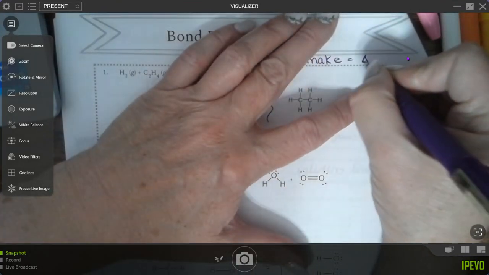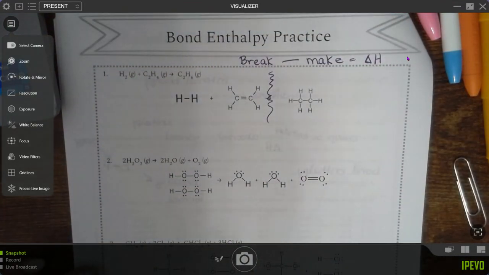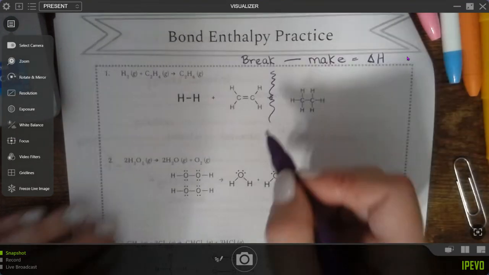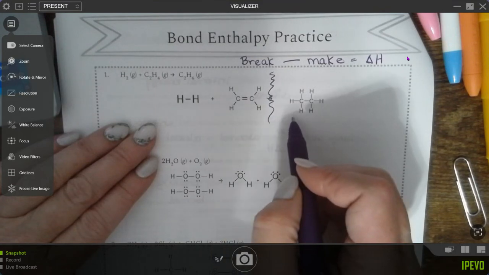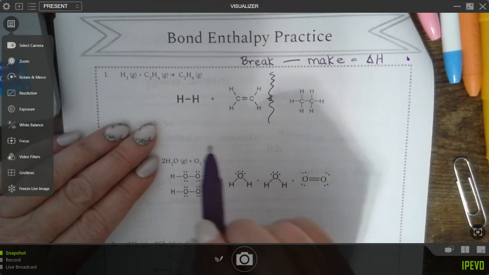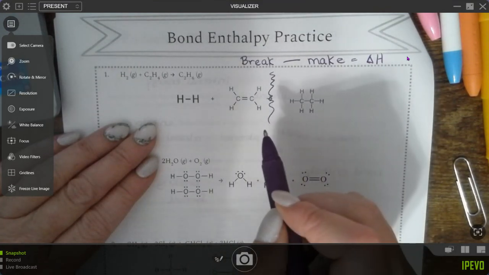The first and most important thing is to look at our Lewis structures and count the number of bonds on each side of the equation.